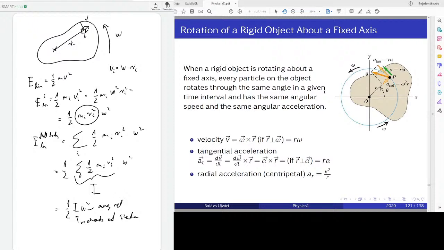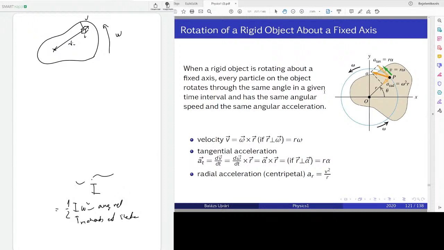You can imagine that this moment of inertia not only depends on the mass of the body, but on the shape of the body. How can math help us? Let's say we divide the full body into small infinitesimal parts.